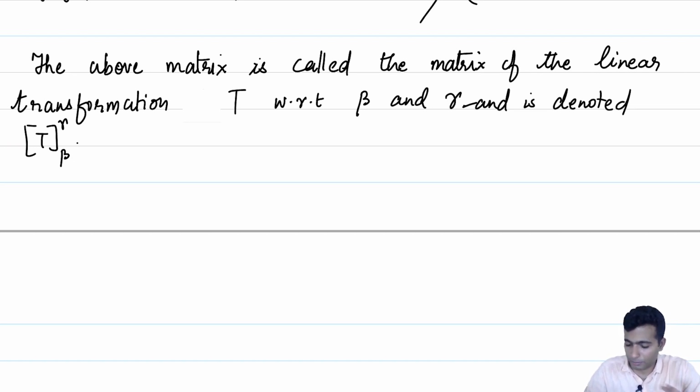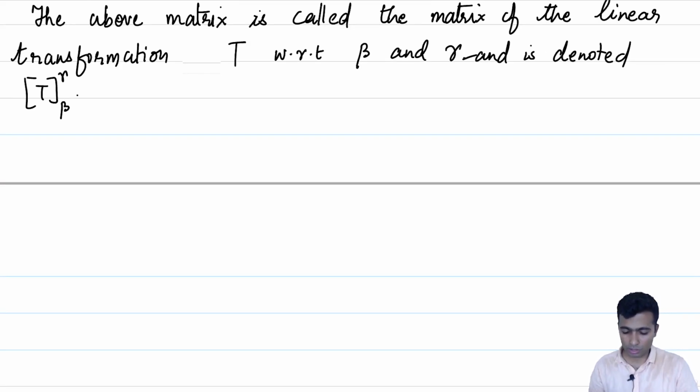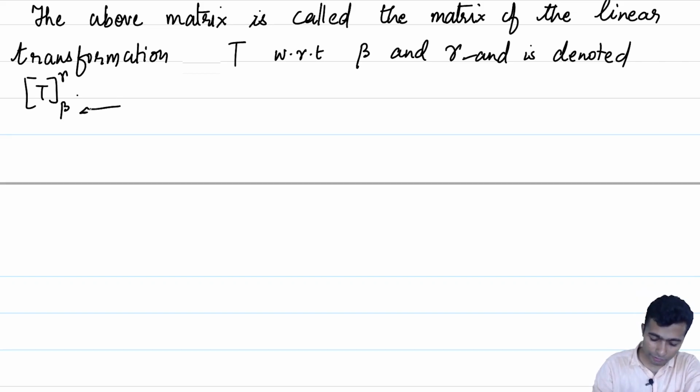Let's not go into that, but this is the notation. So we have defined what the matrix of a linear transformation is when the coordinate bases of the domain and the range are specified. Remember that there is this dependence on beta and gamma. This matrix will not make sense if we don't mention what the coordinate bases are.